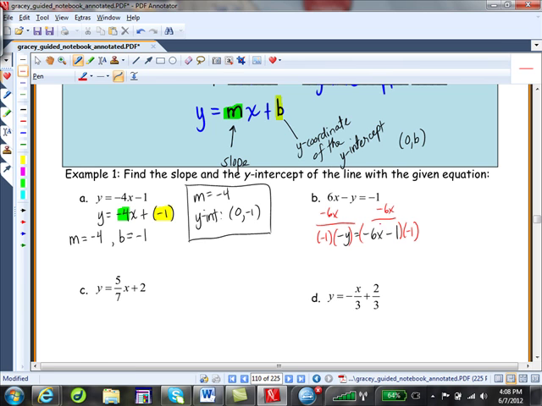Now that negative is going to distribute to both terms, and we'll have a result of y equals 6x plus 1. So do you see that our b is 1, our m is 6, so we'll have m is 6, b equals 1, and the y-intercept is 0, 1.